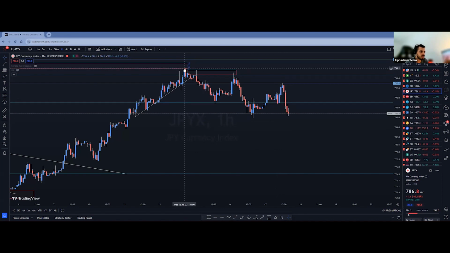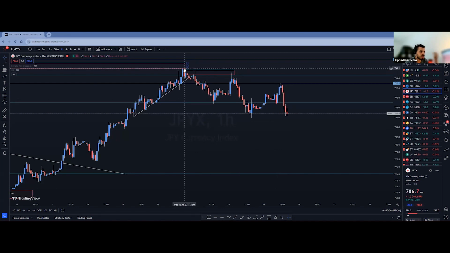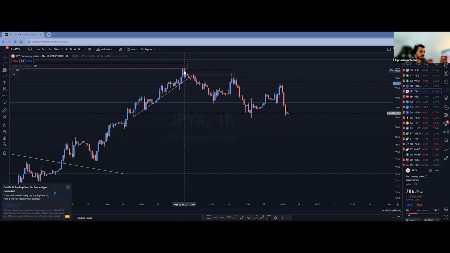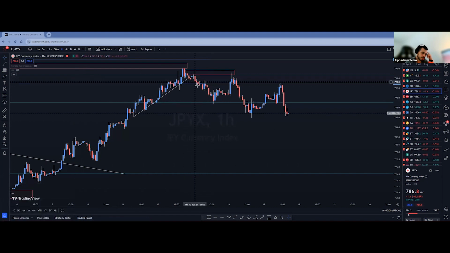So basically we have the first one on the 12th of July. Then we have a continuation, or the first move in here, still on the 13th in the morning. And then 1 day later, another attempt. And then today another possibility of a move down in here. Again, all of this would be longs on the individual yen pairs.